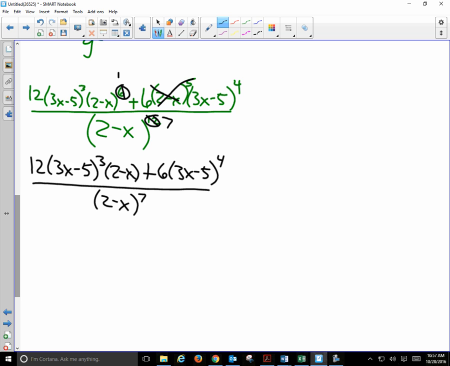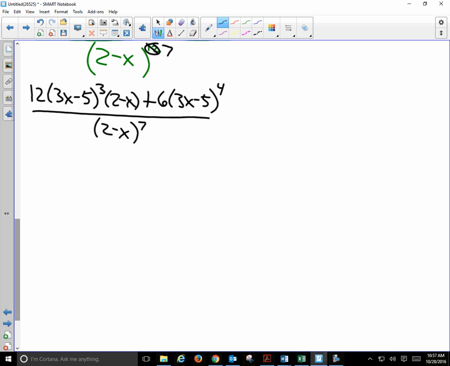What is now a common factor I could take out? Even more than that. 6 times 3x minus 5 to the 3rd power. I take it out. What are you left with here? 2 times this thing, right?